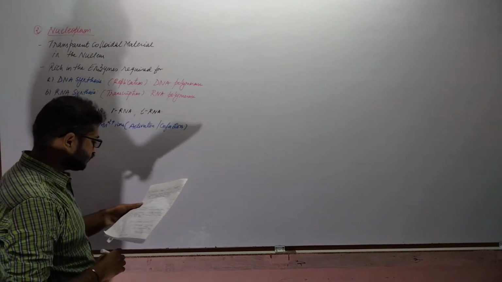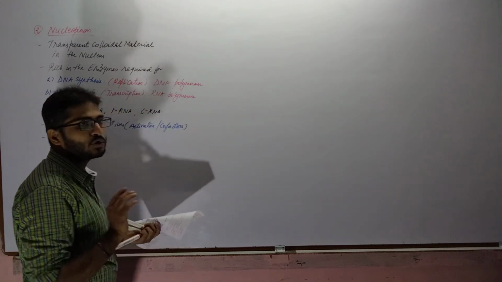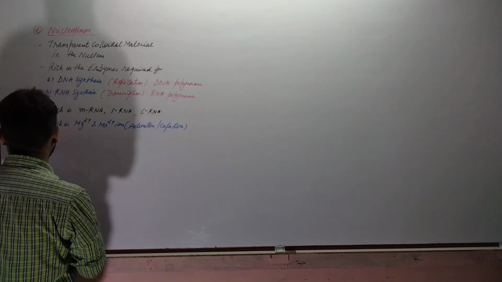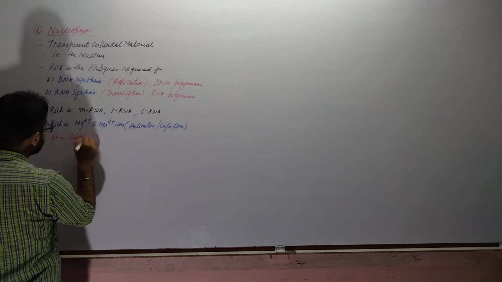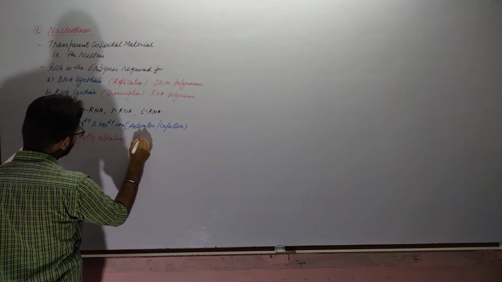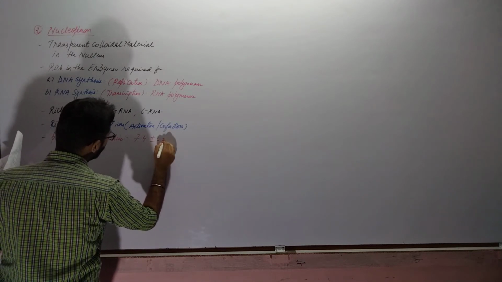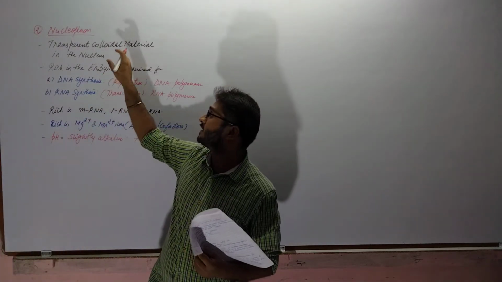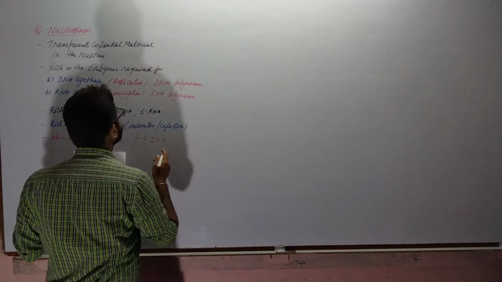The pH of the nucleoplasm is slightly alkaline, that is basic pH. It is approximately 7.4 plus minus 0.2. The plus minus variation of 0.2 is acceptable. So whatever cell structure and other details, chromatin, everything will be suspended within the nucleoplasm only.